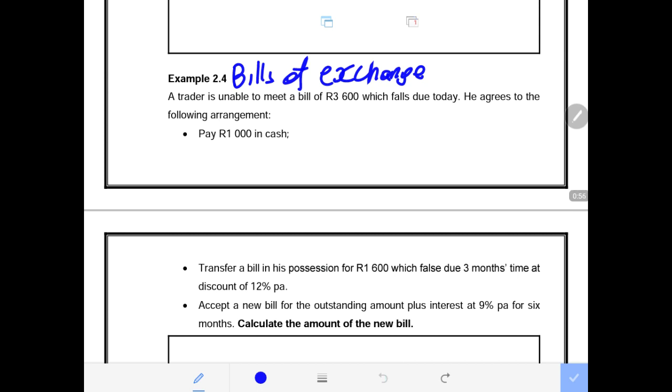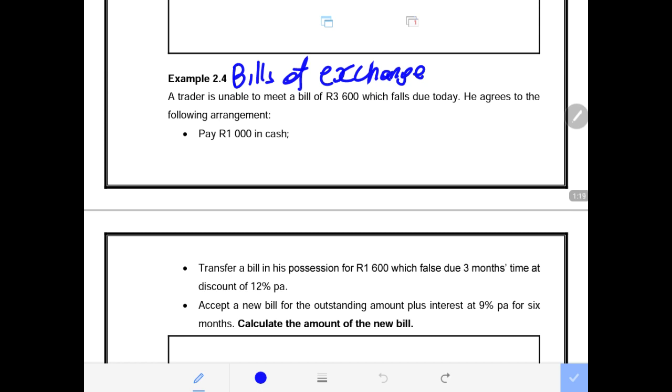To pay 1,000 cash, that means this person does have 1,000 cash available to pay the 3.6 that he is owing. In other words, he has a debt of a bill of 3.6, but he doesn't have the amount available at his disposal in order to pay this bill.